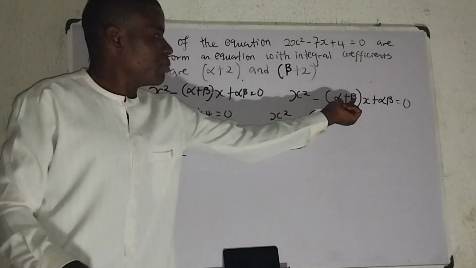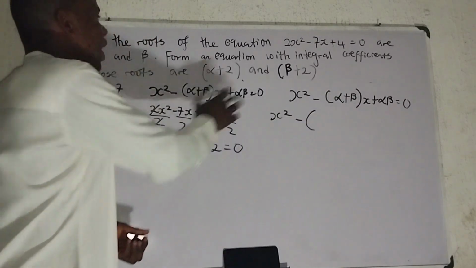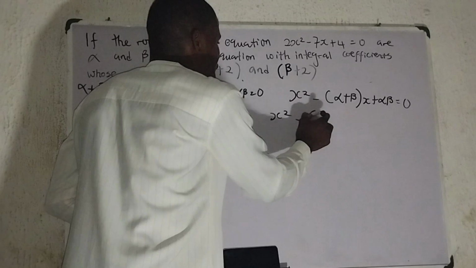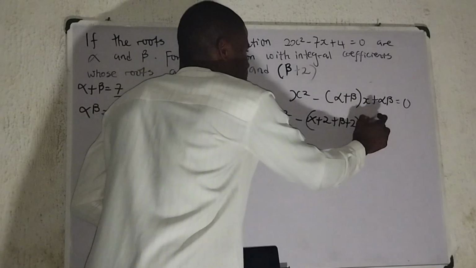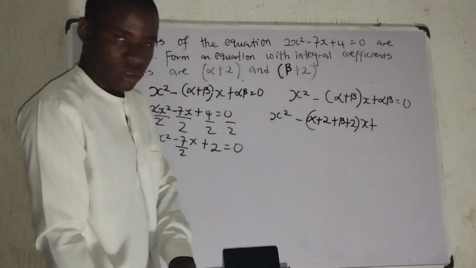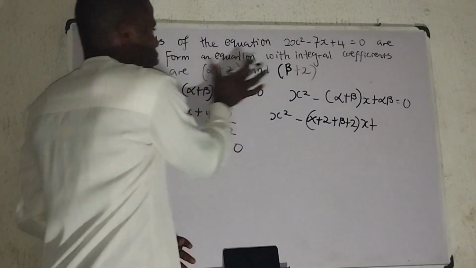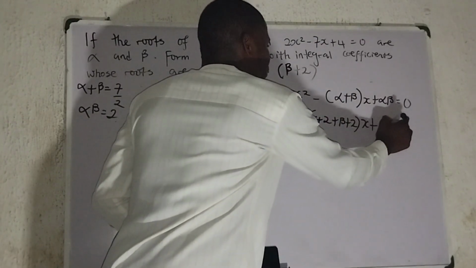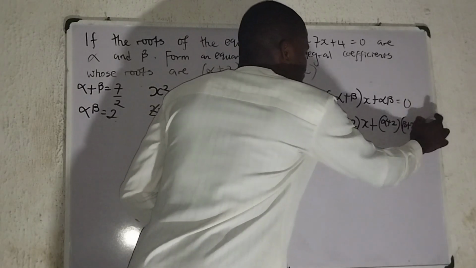In place of the sum of roots, we are going to add both roots, so I have x squared minus (alpha plus 2 plus beta plus 2) x plus the product of both roots. So I'm going to multiply these two: alpha plus 2 times beta plus 2, and it will equal 0.